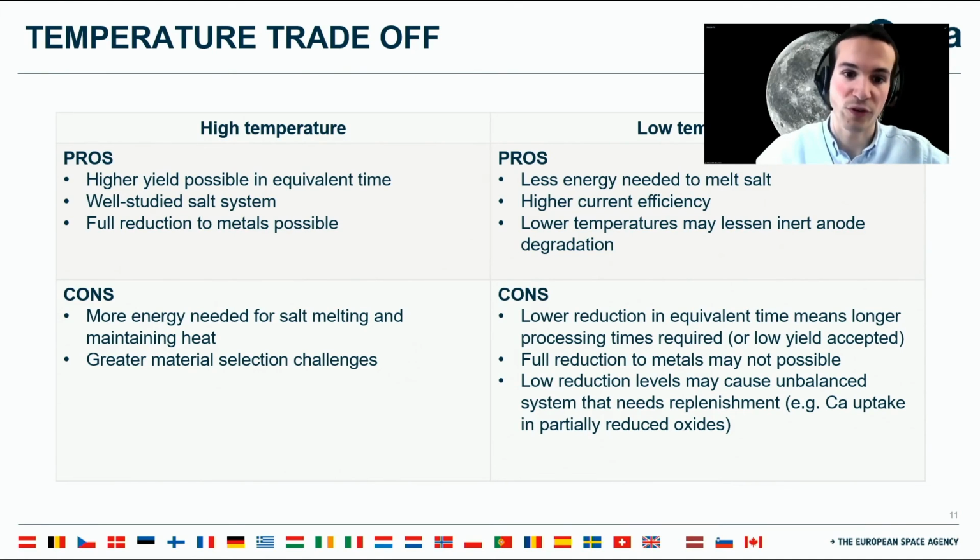That's for future work. And the last point is a bit technical: when we reduce, we might have some of the calcium present in the calcium oxide depositing or being inserted in the partial reduction phases. But in the end, it's not a problem because we recover it at the end. But if we have only partial reduction, then when you remove your sample, you may lose some of your calcium, and then you have to replenish the calcium oxide somehow. So this is to be understood further, but it is a point that we have to keep in mind.